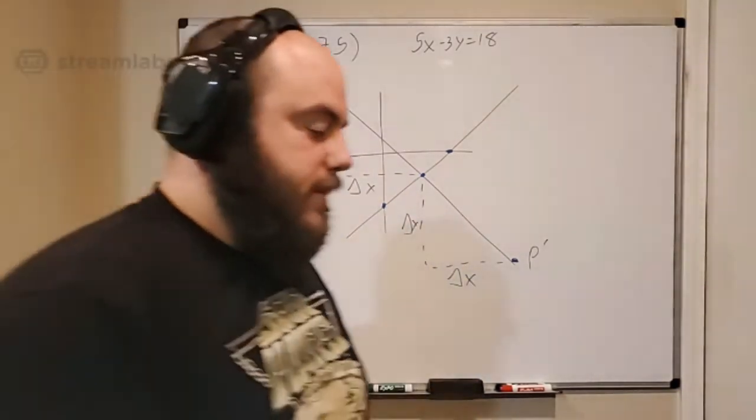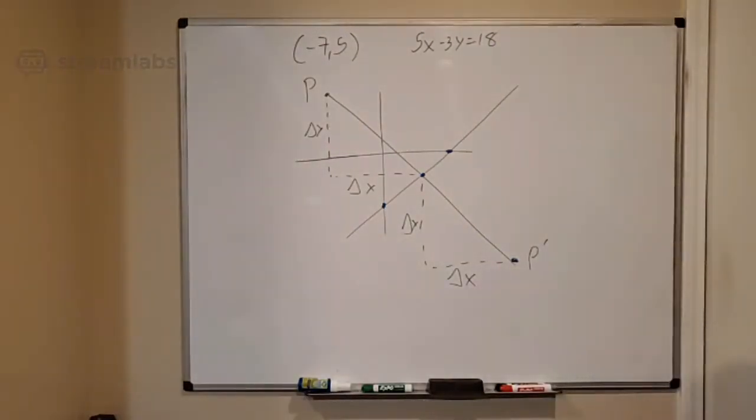The question is, how do you find the delta y and delta x values? Anybody have any ideas on how to do that? Now that I've kind of set you in a direction, I assume most people probably struggled with this problem. I struggled with this problem. That's fine.